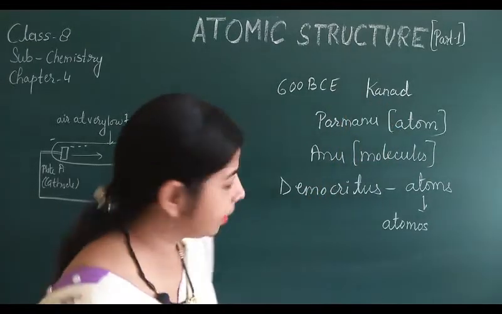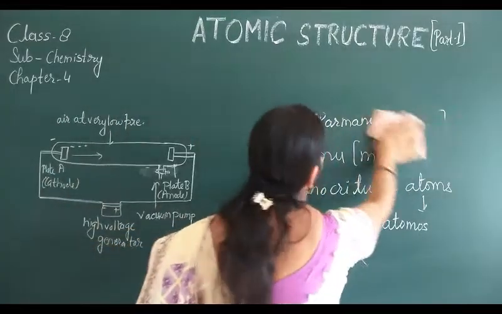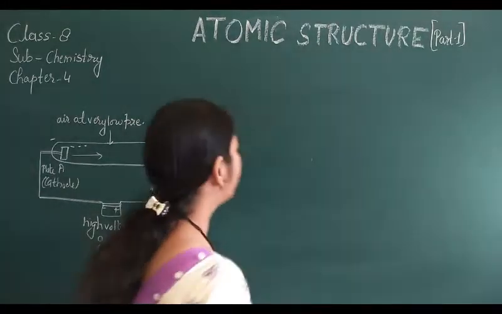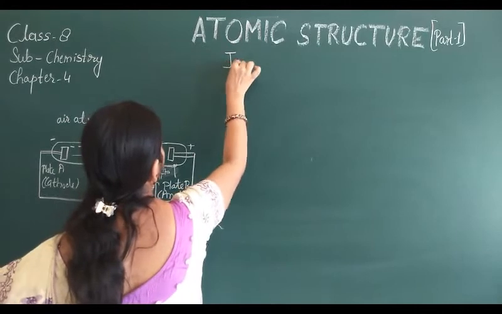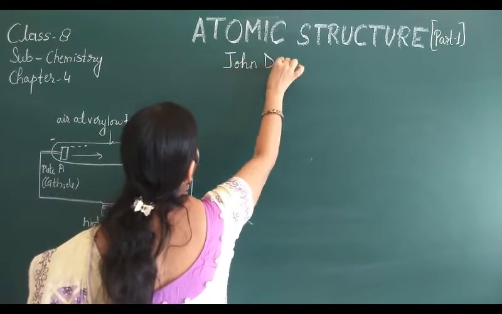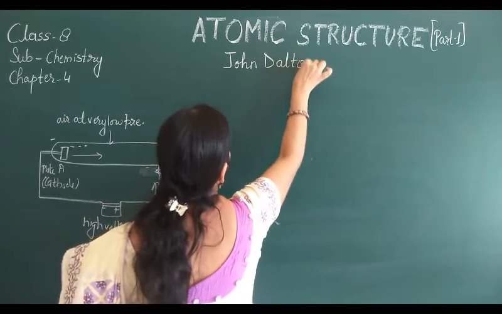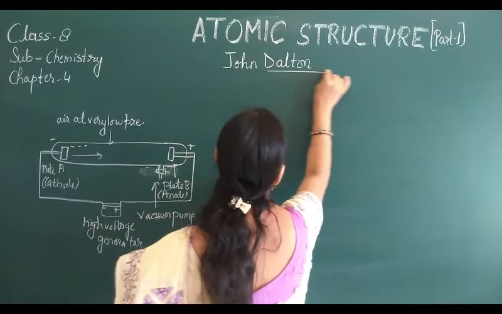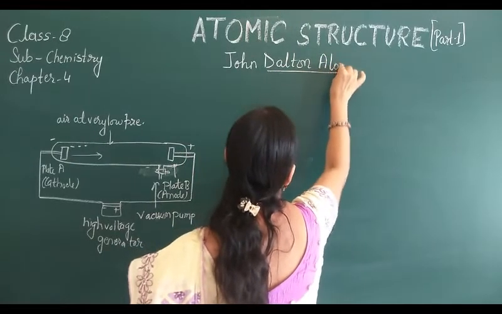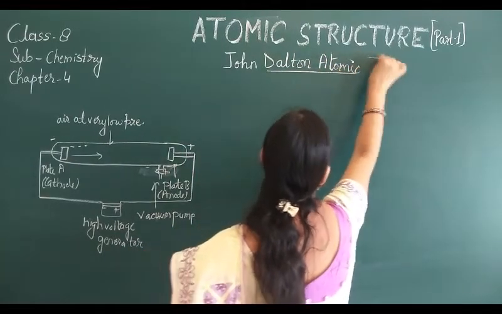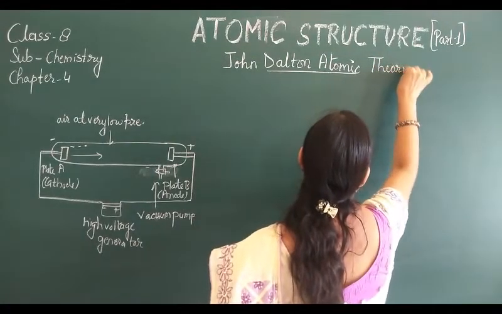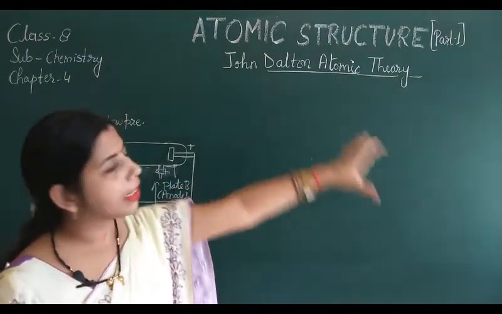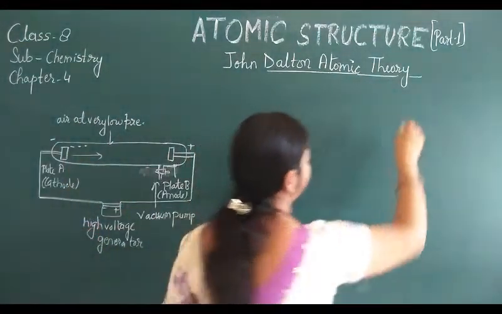Then after these, there was one scientist, and the name of that scientist was John Dalton. He also gave an atomic theory, which is known as Dalton's atomic theory, and this theory was given in 1808.